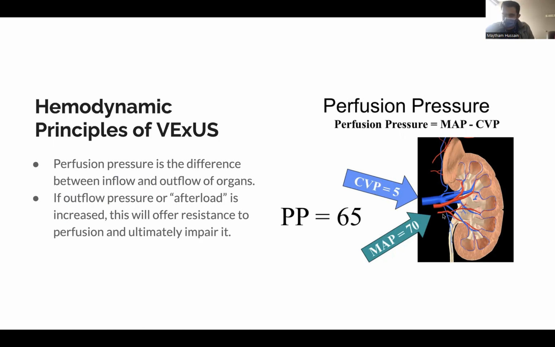And that's why there's this kind of thinking that, you know, we mainly focus on forward flow, arterial flow to try to perfuse organs, but not much thought is given to venous congestion and backwards flow and how this can affect organ perfusion and whether it can affect essentially organ dysfunction. So the VExUS helps us to kind of assess the venous congestion at different points in the body, and that kind of gives us a better picture.